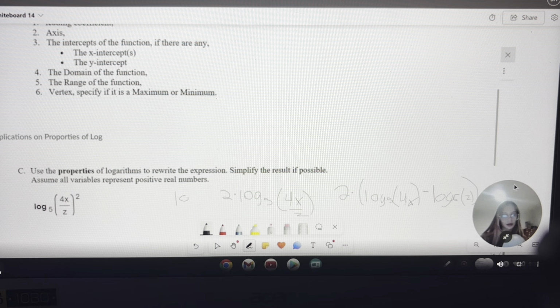Then we will keep solving. I'm going to do it up here.